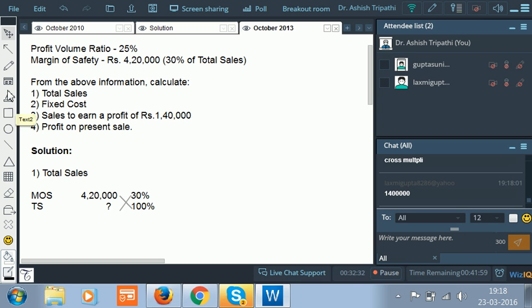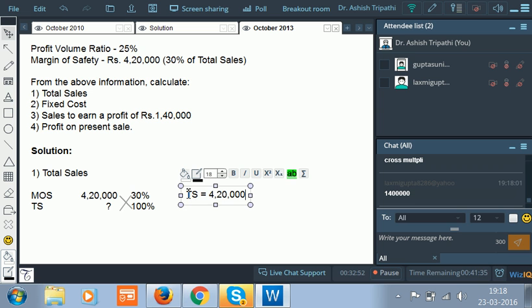One lakh, sorry, 14 lakh. Sunil, even you are getting the same thing? So total sales is equal to, we can say, 4,20,000 into 100 divided by 30.